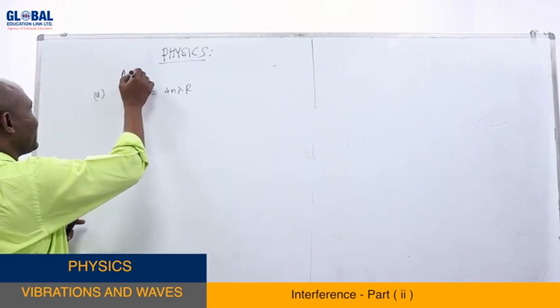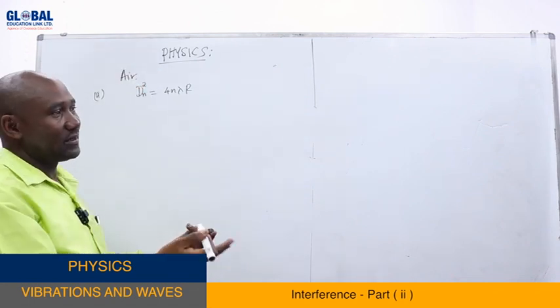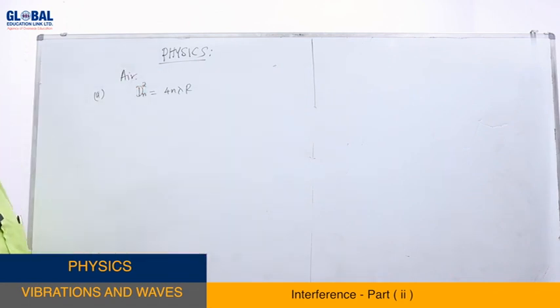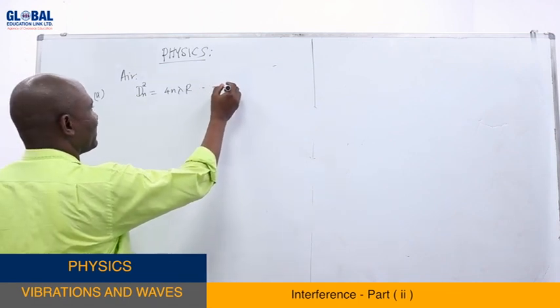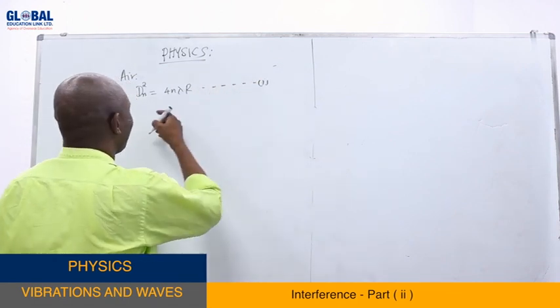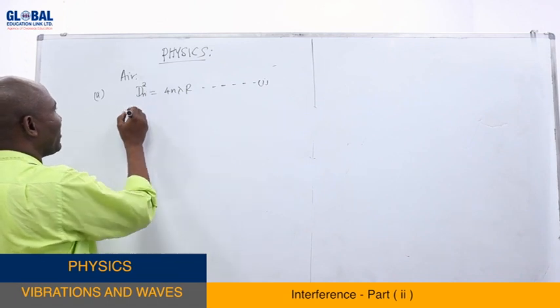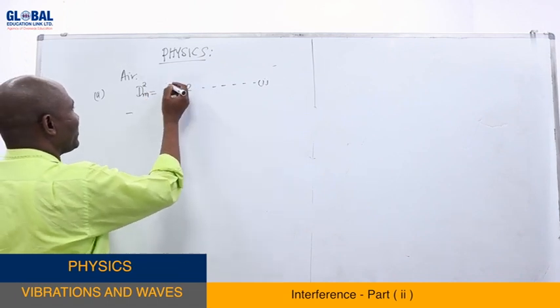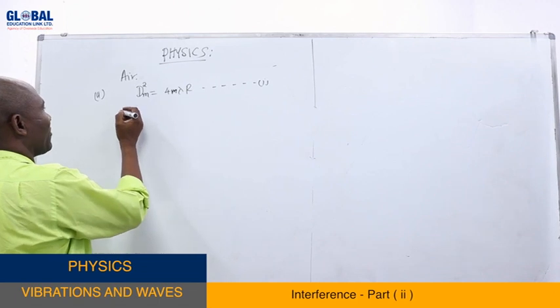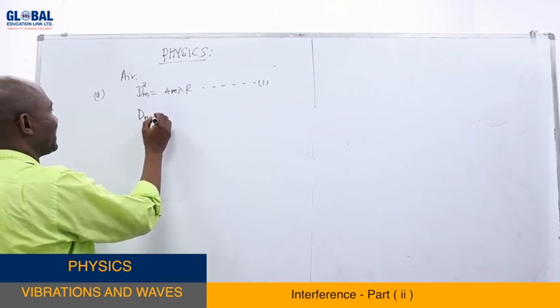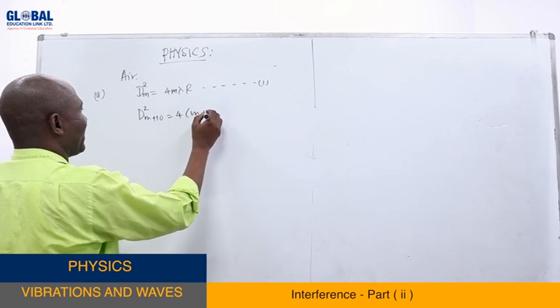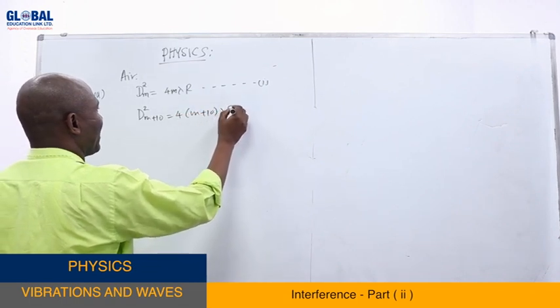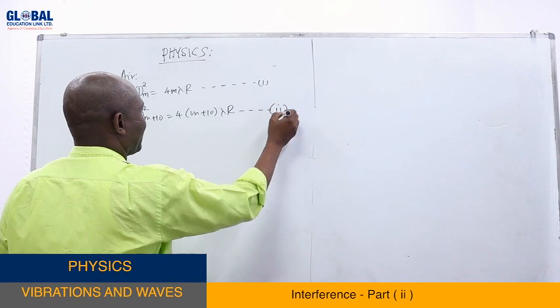The experiment is in air, before introducing the liquid. So this is the formula for that particular diameter. The order is supposed to be m, so this will be Dm squared equals 4mλR. Now for m plus 10, this equals 4(m plus 10)λR.